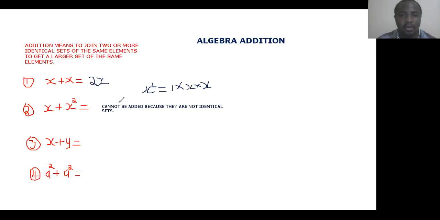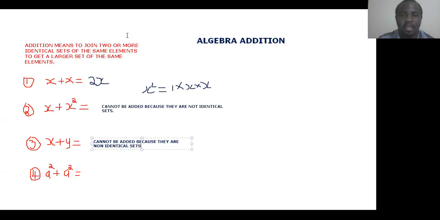So again, right here, it is simple: cannot be added because they are non-identical sets.